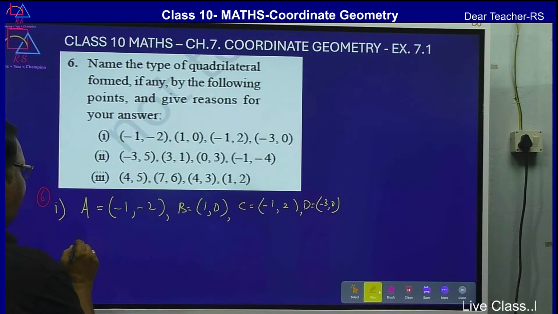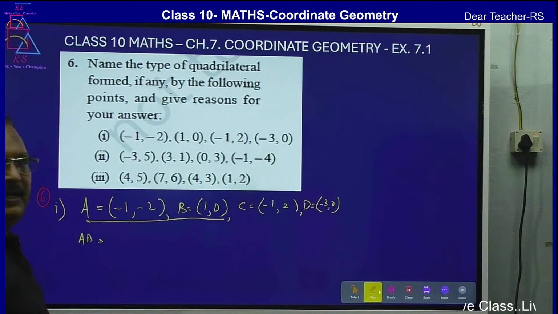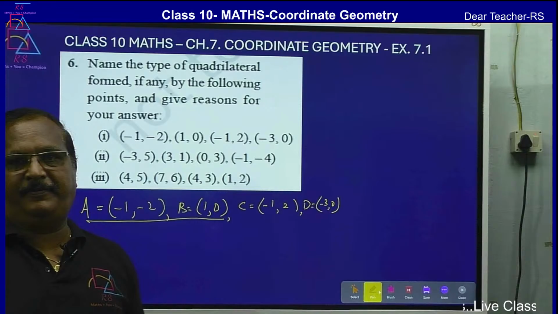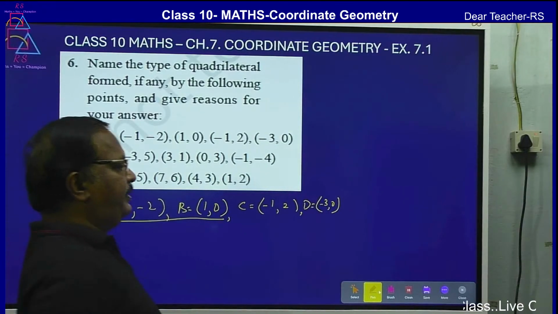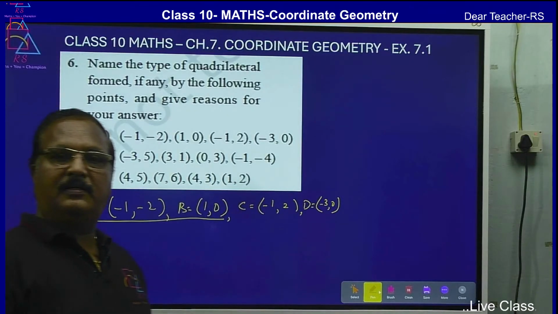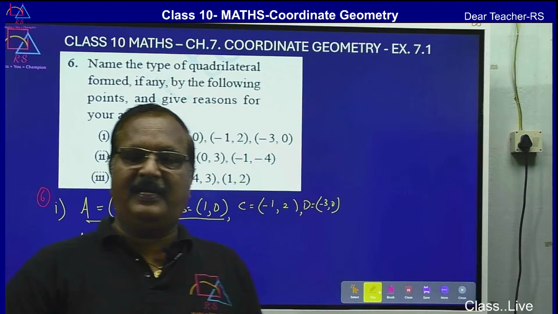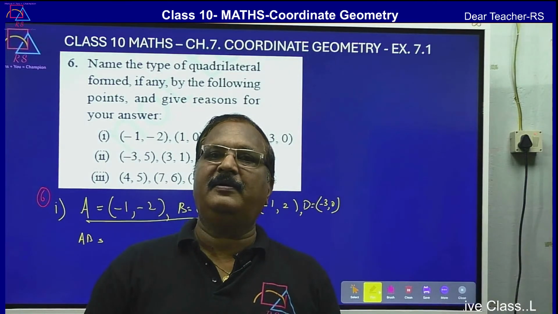Now let us find AB. For AB you have to take these two points and find the length of the side. We will use the distance formula: square root of (x2 minus x1) whole square plus (y2 minus y1) whole square.